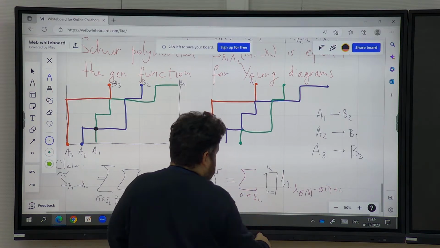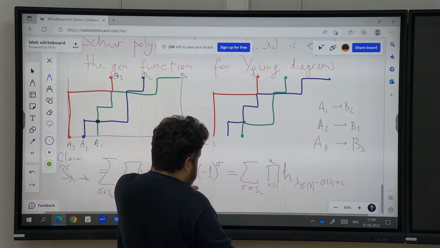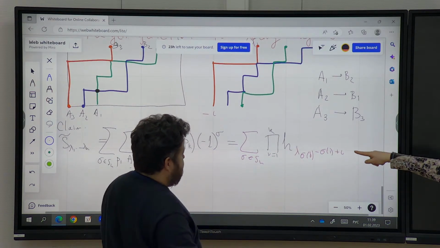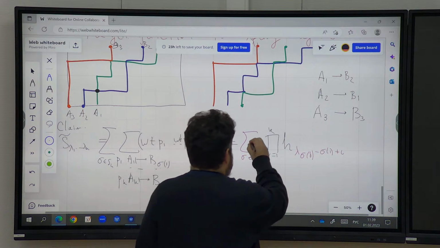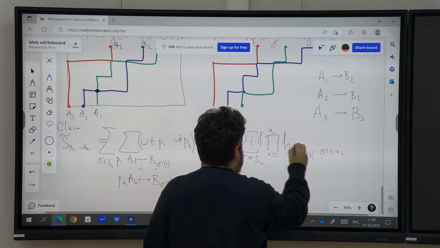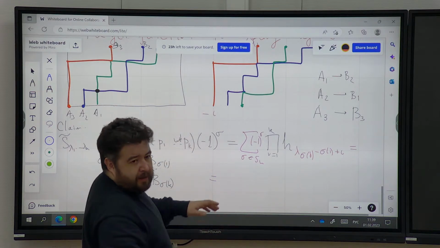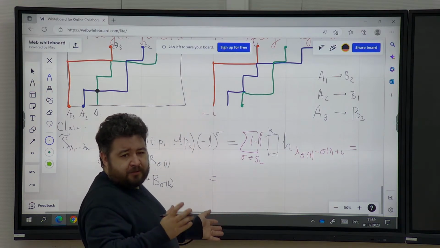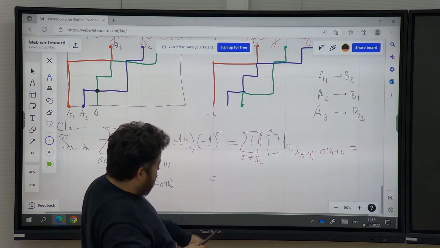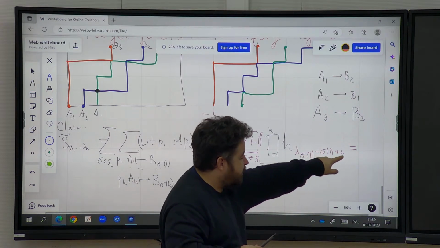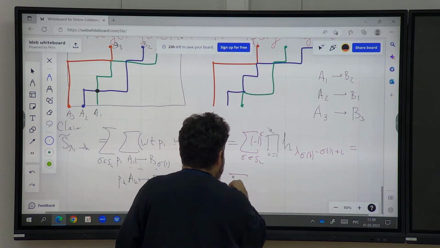But at the end of the day, see, I was right, because you see that times the sign of sigma. Well, if you replace sigma by sigma inverse or something like that, I think at the end of the day you get the first Jacobi-Trudi formula.